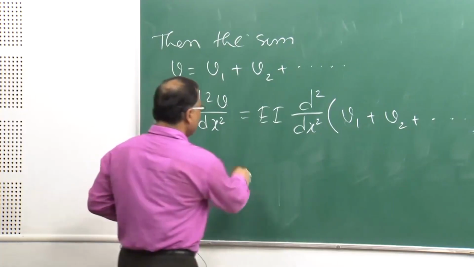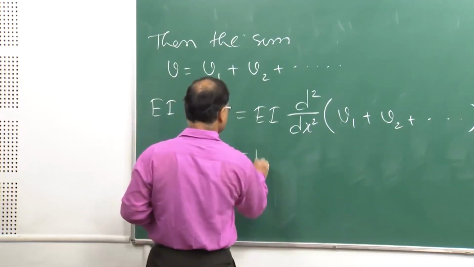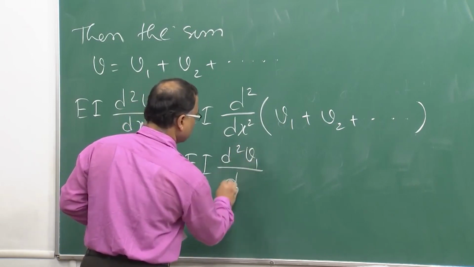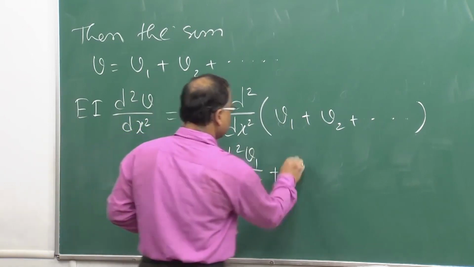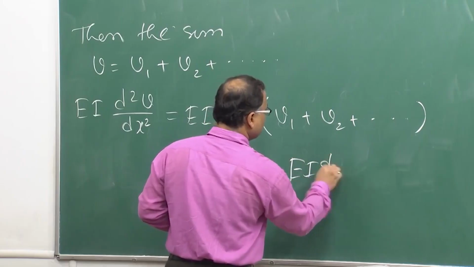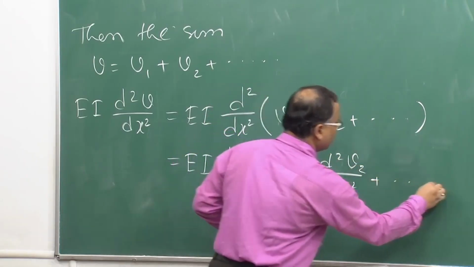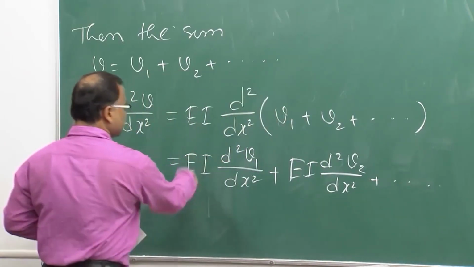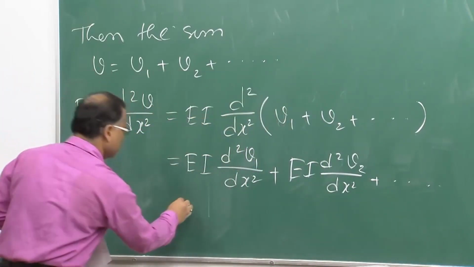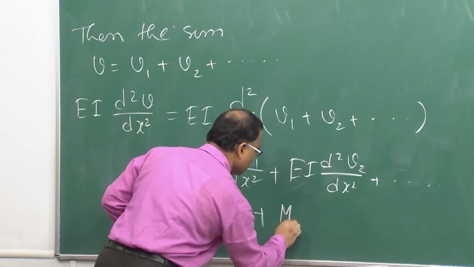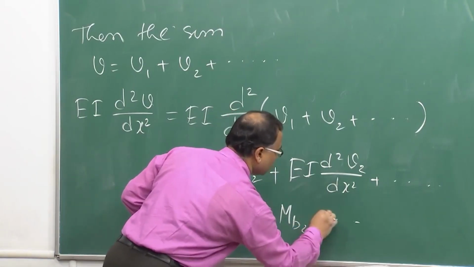So, from this I can write EI d2V1/dx2 plus EI d2V2/dx2 and so on. Now, what is this? This is nothing but MB1, this is MB2 and so on.